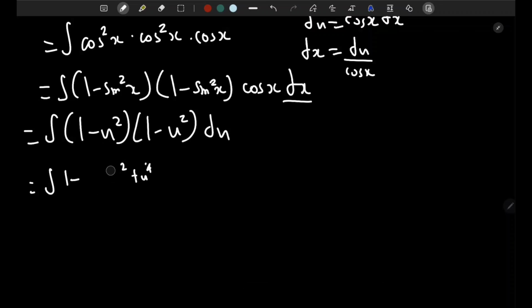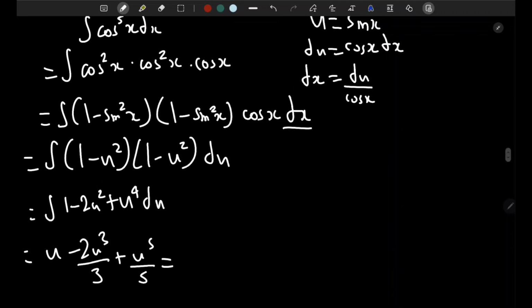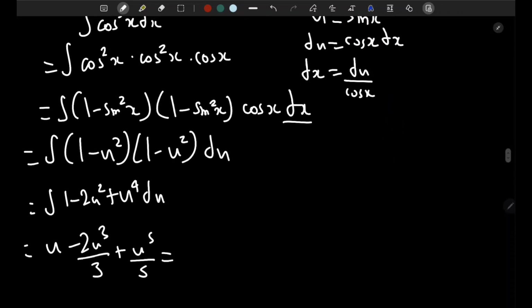So we can arrange this and write 1 minus 2u squared plus u to the power of 4 du, and now we know how to integrate this. So it's going to become u minus 2u cubed over 3 plus u to the power of 5 over 5 plus c. We can add the c at the end. And now the last step which is left is to substitute what we took u as. So it was sine x.